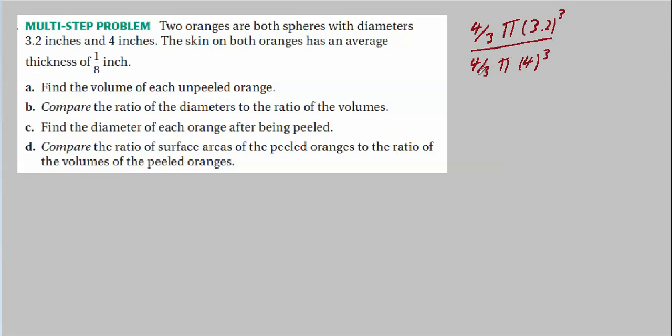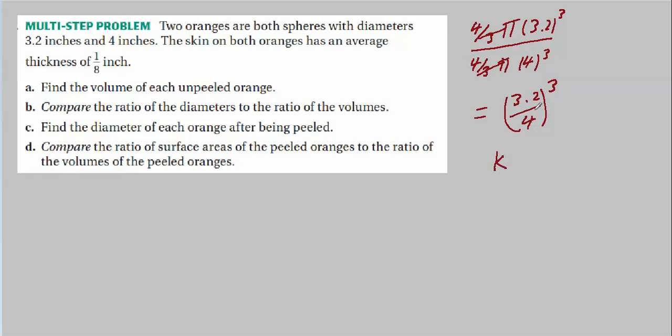Well, everything cancels except this part, and we get 3.2 over 4 cubed. So now, anything else we want to do, we can instantly write our scale factor. After all, this is the ratio of the two volumes.